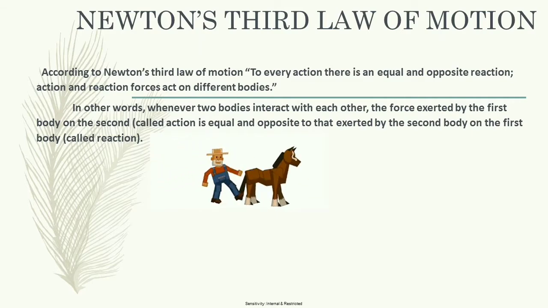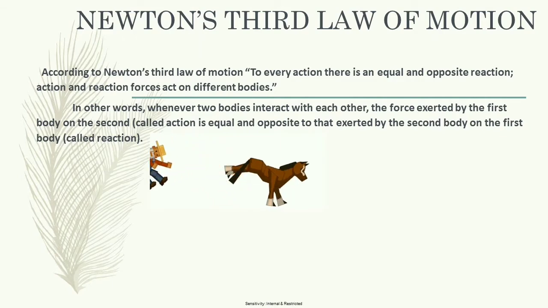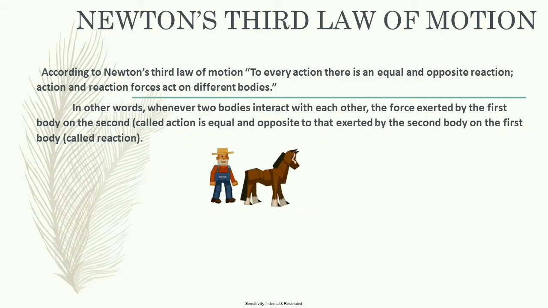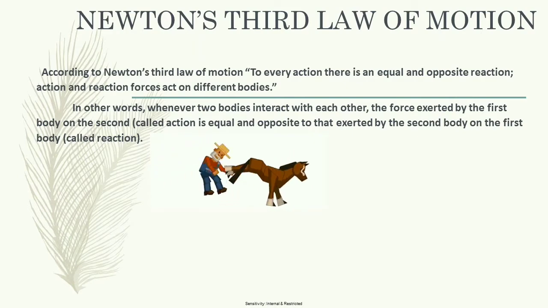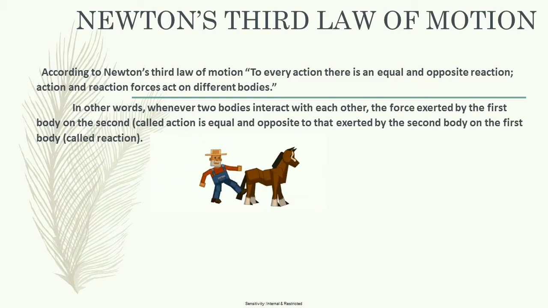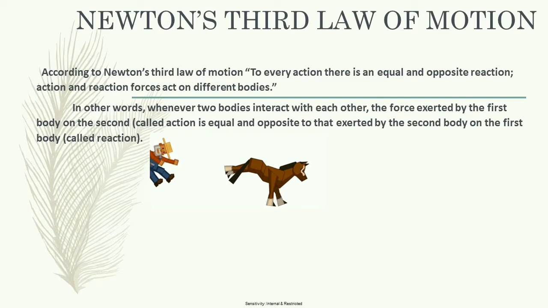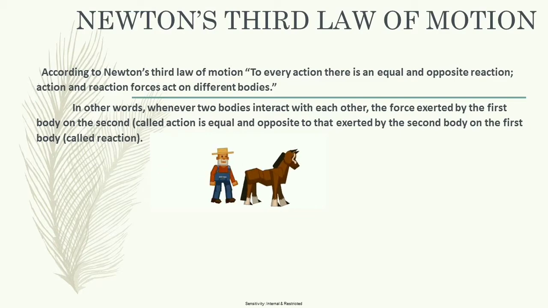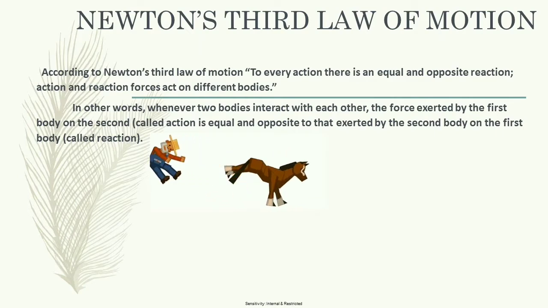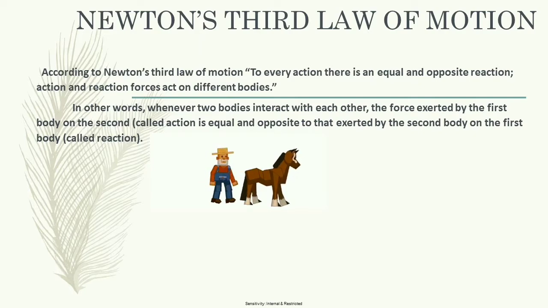So Newton's third law of motion may also be defined as: to every action there is an equal and opposite reaction. You can see in this animated picture, the man is kicking the horse and the horse is also kicking the man back. Here, the action force exerted by the man exists, and the reaction force exerted by the horse on the man in the opposite direction also exists.